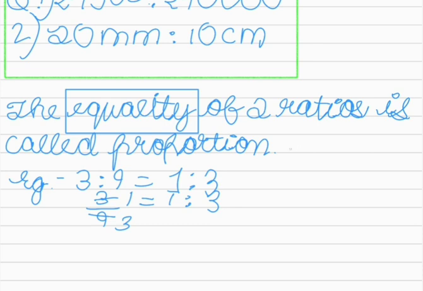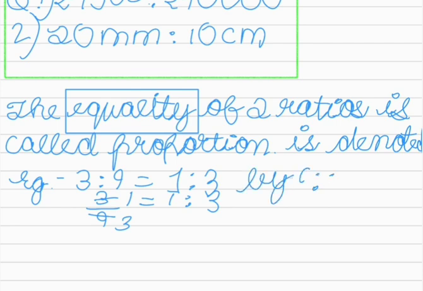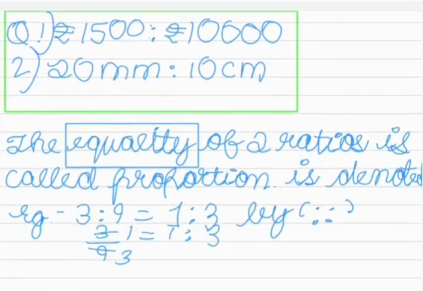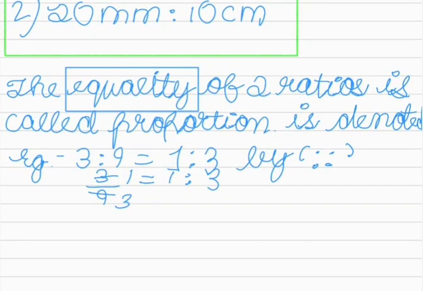And it is denoted by a symbol like this. 2 columns. You know that in ratio there is 1 column. So in proportion the two ratios are equal. So there are 2 columns.